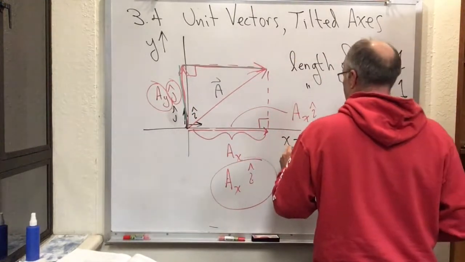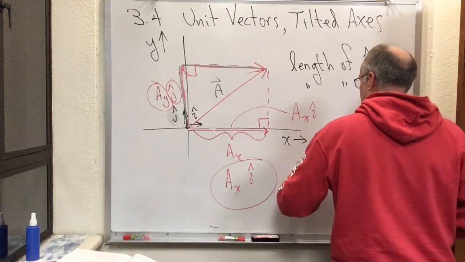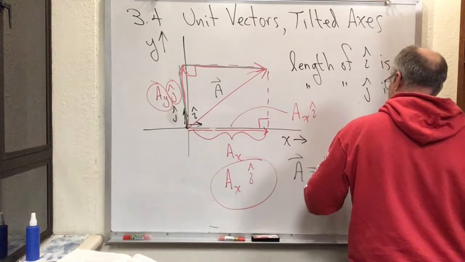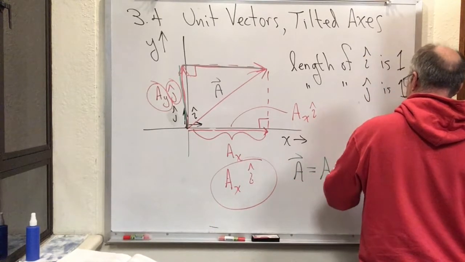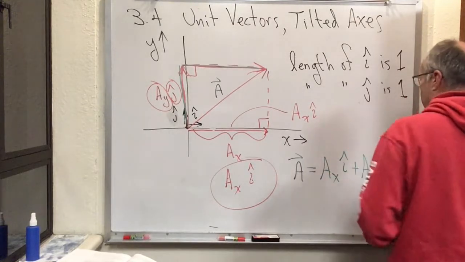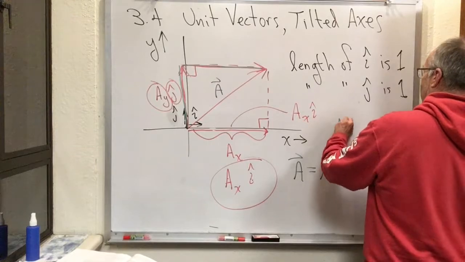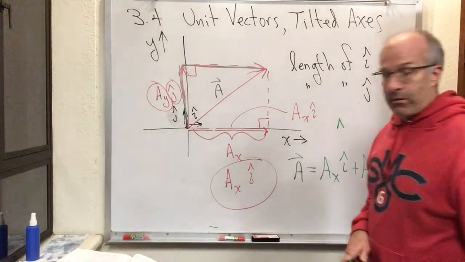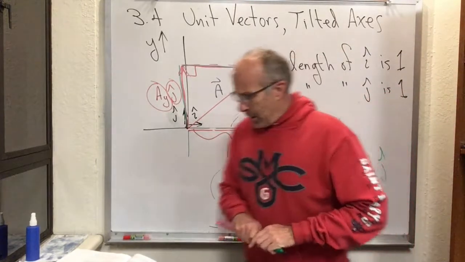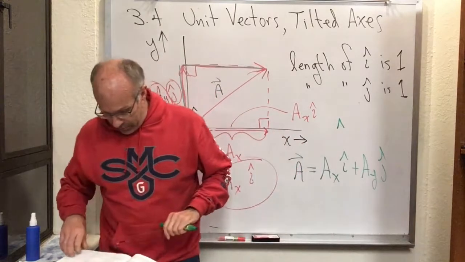Okay, so here's our new thing. a is equal to a sub x times i hat plus a sub y times j hat. These are little hats. They're also called caret signs, okay? And they're what we put over unit vectors.